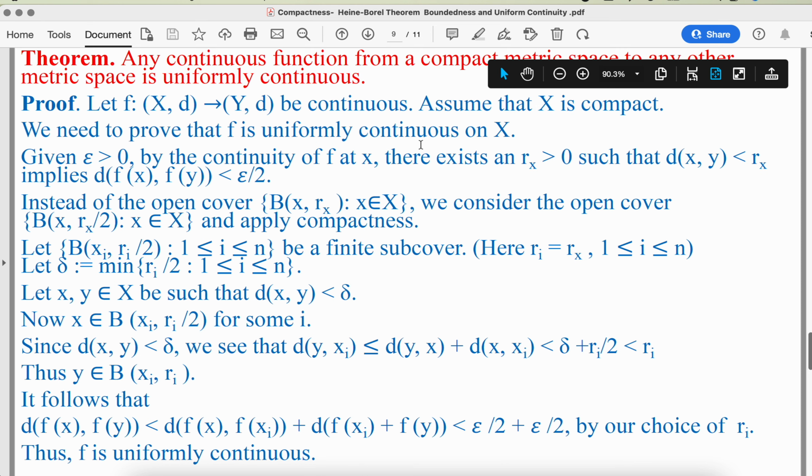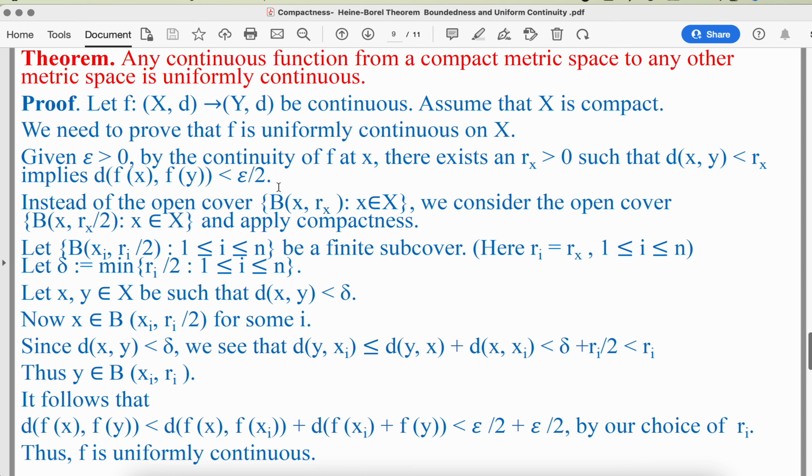Now we need to prove that f is uniformly continuous. Because f is continuous, given epsilon greater than 0, there exists an r_x greater than 0 such that distance of x from y less than r_x implies distance of f(x) from f(y) is less than epsilon by 2.